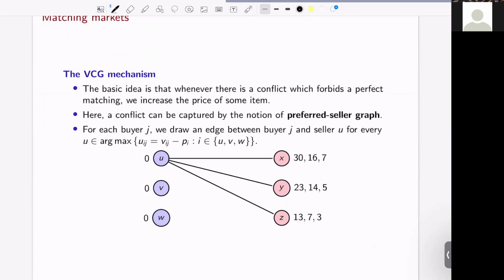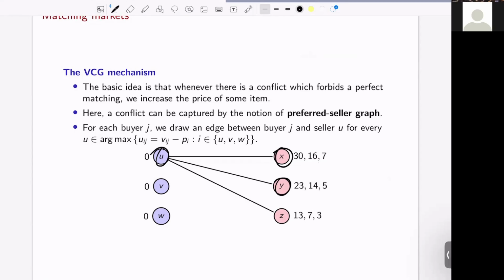So for buyer X, it likes U more than the other items, and Y also likes U more than the other items. The same holds for the last buyer. And we get a conflict, right?